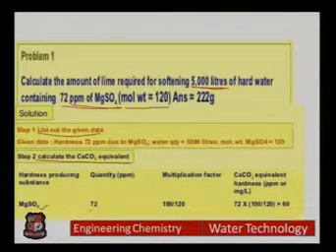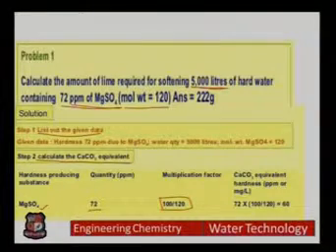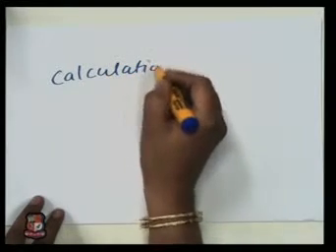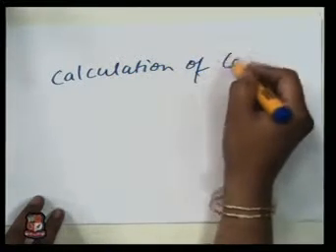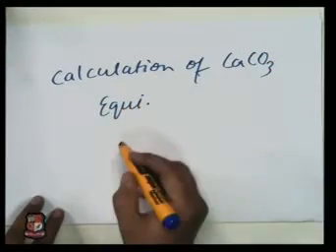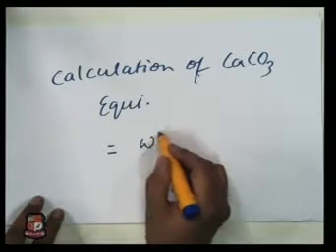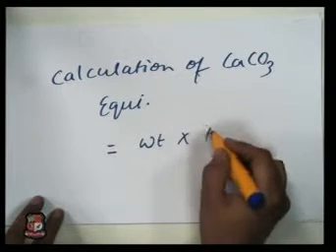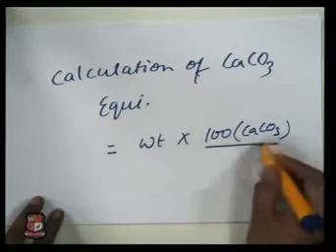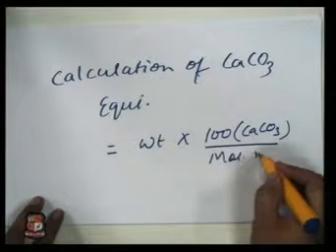Magnesium sulfate 72 milligram per liter is given, and the multiplication factor is 100 by 120. The calculation in CaCO3 equivalent can be done by the formula: weight given into 100, which is the molecular mass of CaCO3, upon the molecular mass of the hardness causing salt.